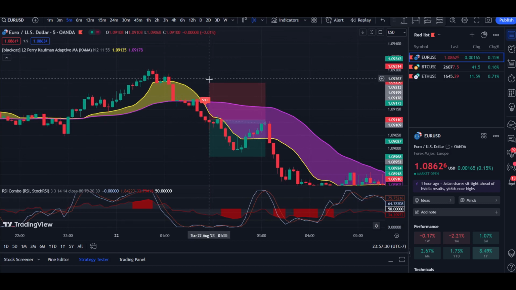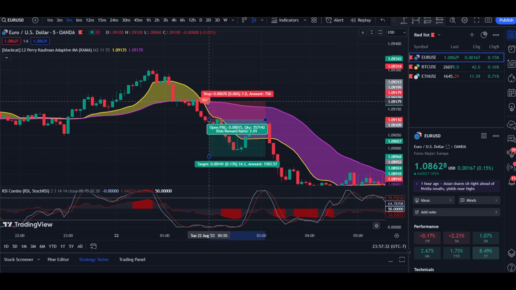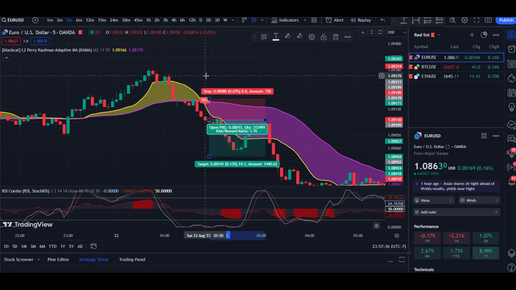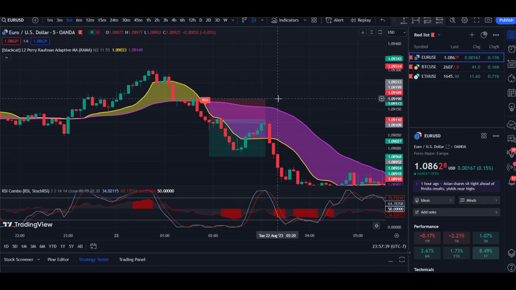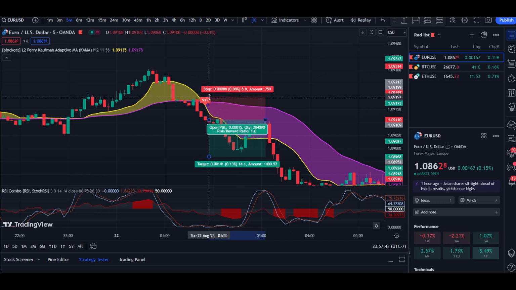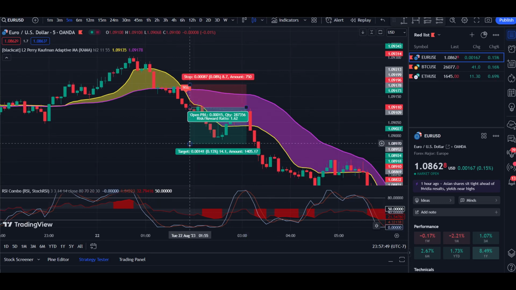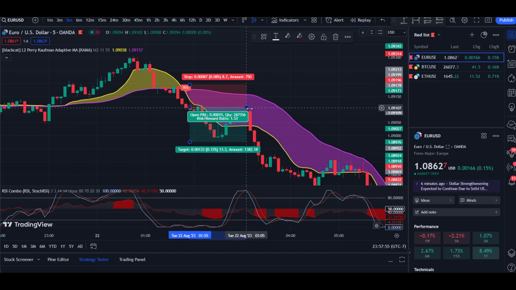As for the stop loss, I prefer to put it right where the two lines cross each other and move it up a few pips. That way, if your broker has a higher spread, you're not going to get stopped out on a trade like this. As for the take profit, what I like to do is take my first position near the 1.5 risk reward ratio.